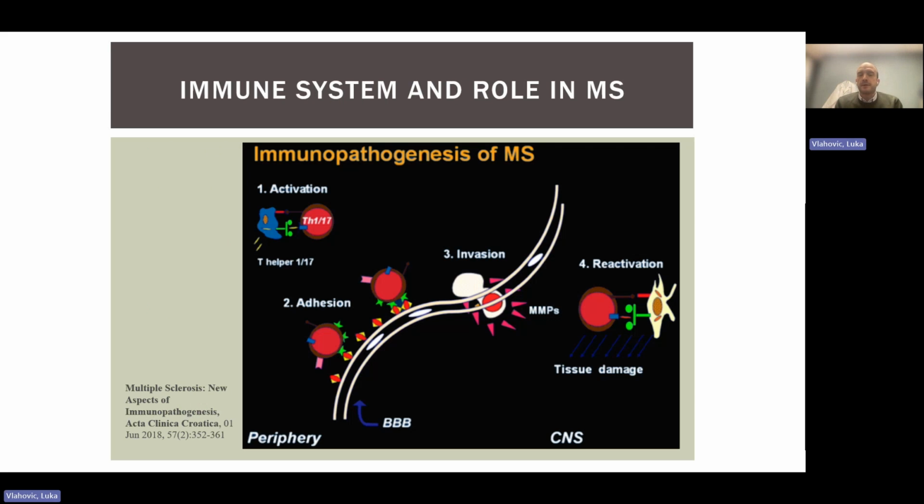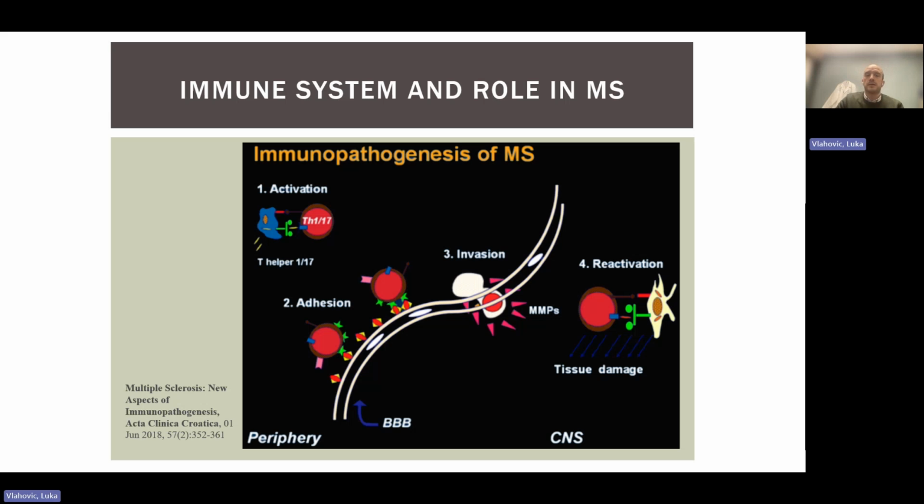In terms of general pathophysiology, again, this is not the complete pathophysiology shown here, but it is one of the important components, and I would say perhaps the most important one in terms of available disease-modifying therapy that targets this disease. Overall, we believe that disease starts in the periphery, shown here with number one, so that the immune system gets activated. Still not completely clear why and how, but there are various hypotheses.